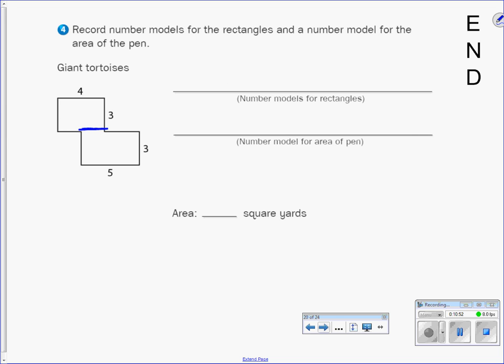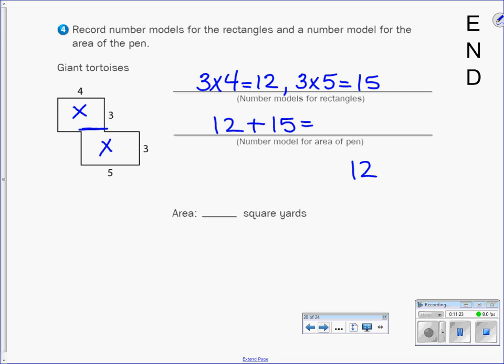All right, and now we want to look at what our number models would be, and we have 3 times 4, which takes care of this one, and 3 times 4 is 12, and then our other one down here would be 3 times 5, which equals 15, and we add those together, 12 plus 15 equals 27. So our area of that rectilinear would be 27 square yards.